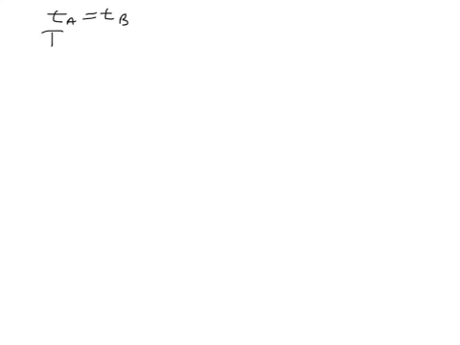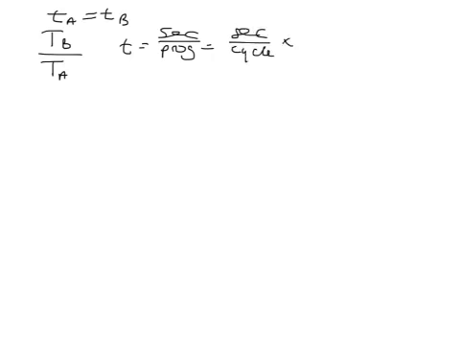So the cycle time of A over the cycle time of B is how much faster A is than B. So the time to run a program is seconds per program, which is seconds per cycle, times cycles per instruction, times instructions per program.